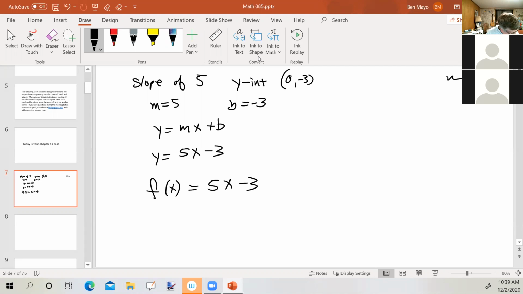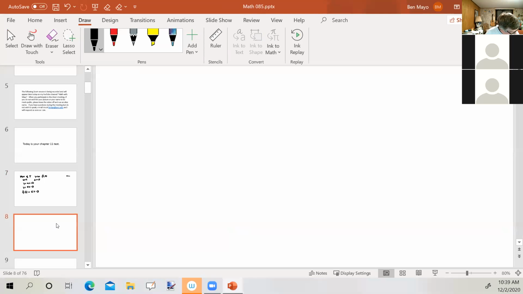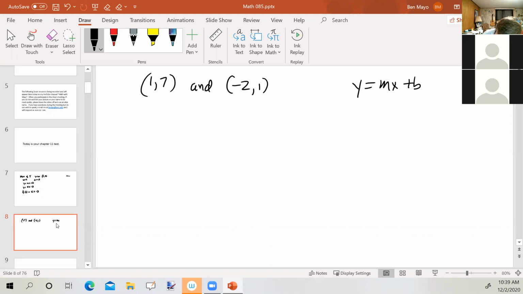All right. Let's say we want to write a linear equation with the following characteristics. The equation passes through the points (1, 7) and (-2, 1). Again, I want to write my answer in y = mx + b form and then using function notation. So I need to find the slope and the y-intercept. We're using the slope formula, (y2 - y1) over (x2 - x1).